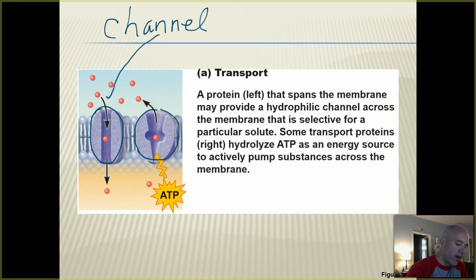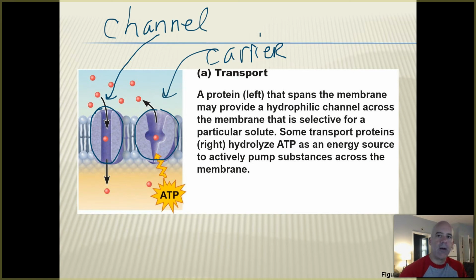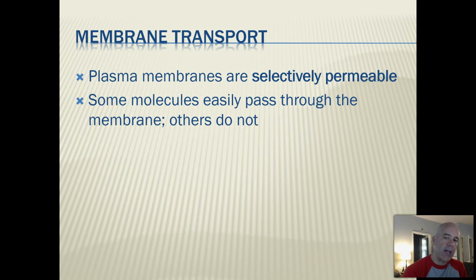An example of a channel you see there, kind of like the name suggests, is a little tunnel through the protein that is sitting there in the membrane, and then a carrier is a protein you see over here that is like a gate. It opens up on one side, captures something, and spits it out on the other side. Very often these channels and carriers are very picky about what they allow across.